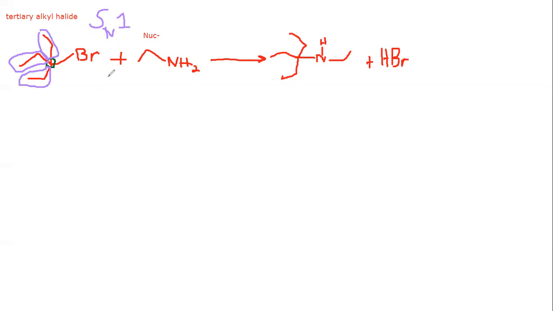So that means that we're going to have a two-step mechanism, and the rate determining step is the first step, which is a unimolecular step. So we have step 1. I apologize if my lines are not straight. So in step 1, it's just the leaving group leaves the alkyl halide. So we form what's called a carbocation.